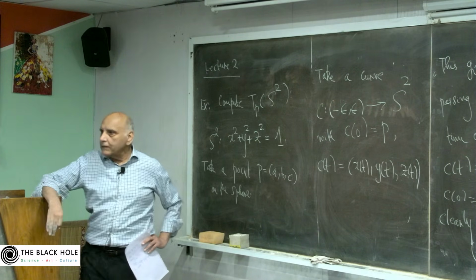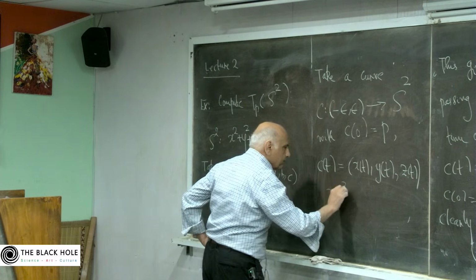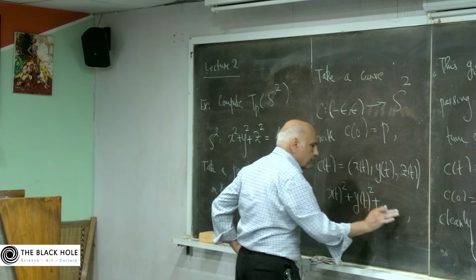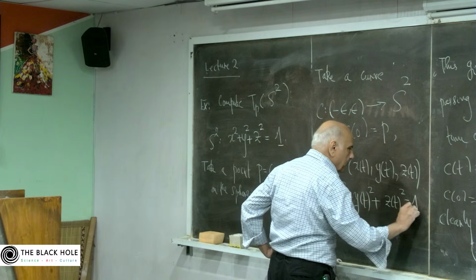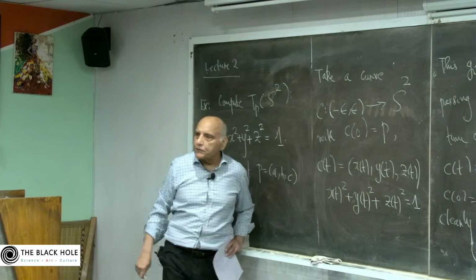What's the relation? x(t) squared plus y(t) squared plus z(t) squared is equal to 1. Okay. So differentiate this, what do you get?